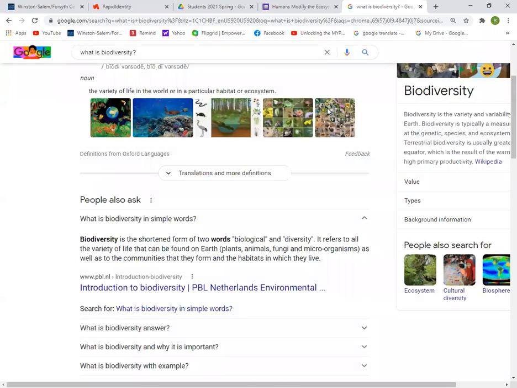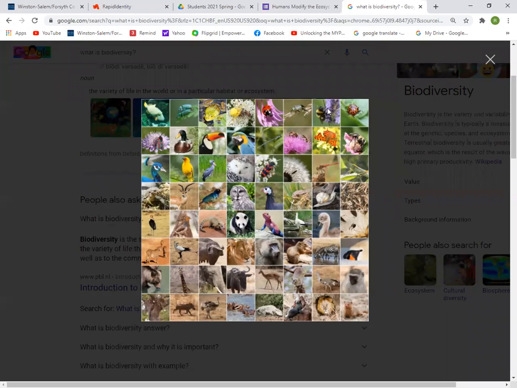We need biodiversity. You might be asking, why do we need all of this when our food source is only limited to a few species? You have to look at the bigger picture. If we only have a few species on Earth and a certain disease comes, then all of the species can easily be wiped out.